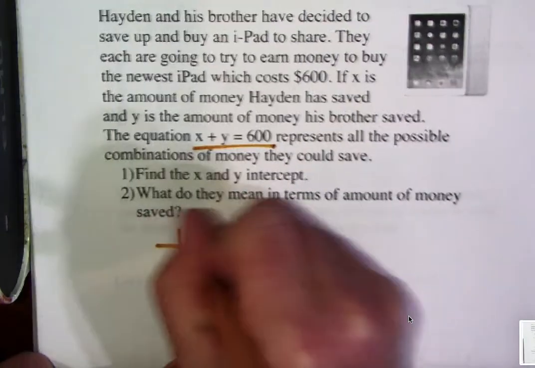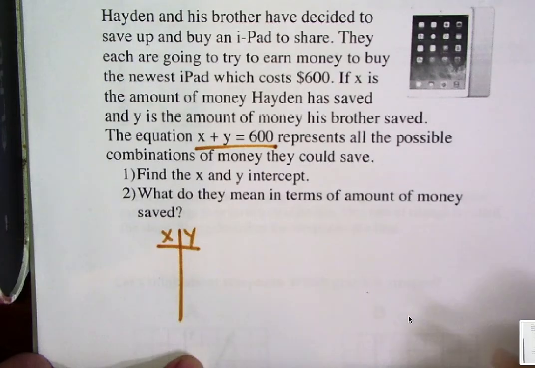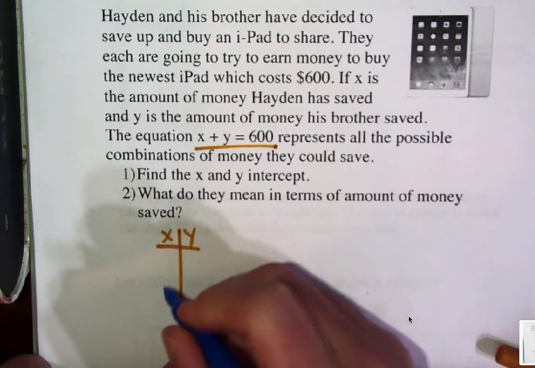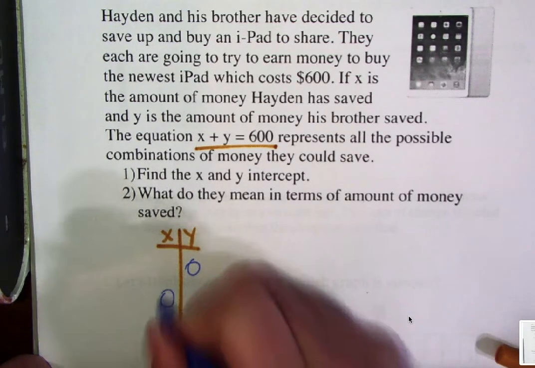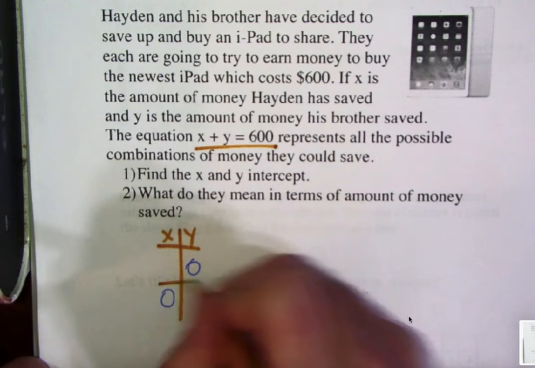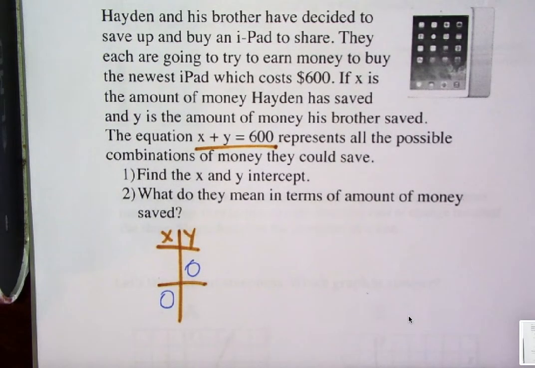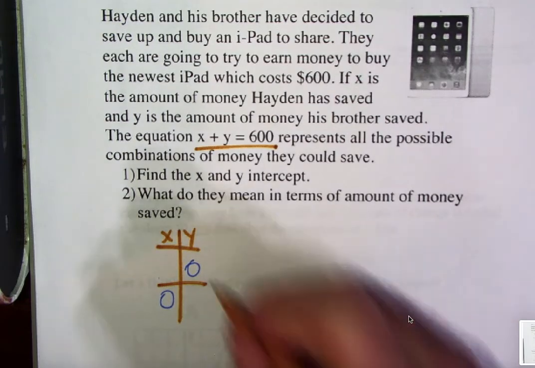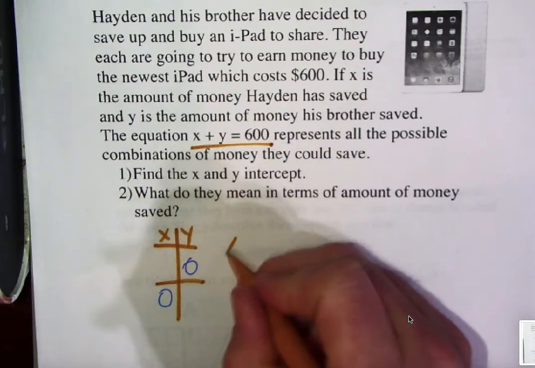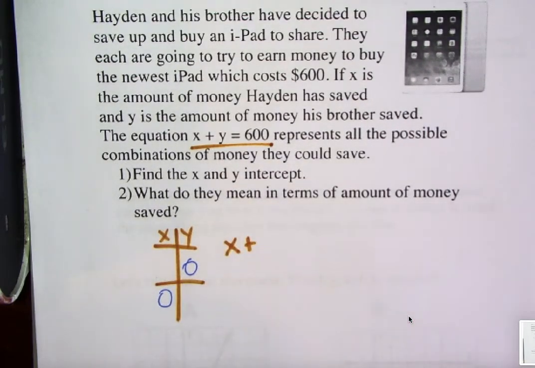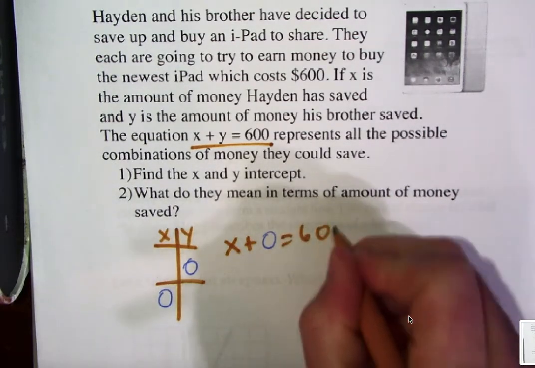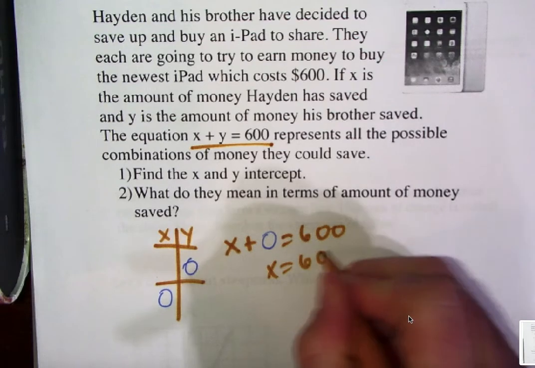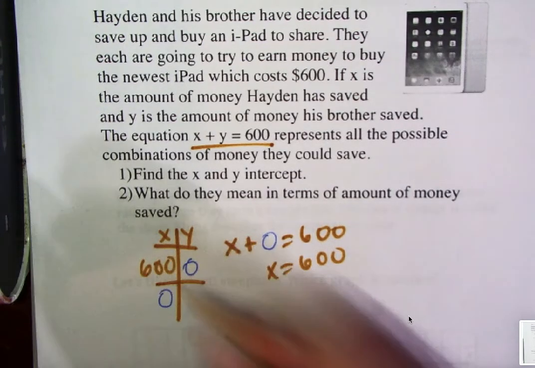Okay. So if we're going to find the X and Y intercepts, we just think of the game tic-tac-toe, right? It's not really tic-tac-toe, but it helps us think about when we're trying to find it. So we're just going to put 0 in for Y. And you probably found that the x-intercept was 600, 0.